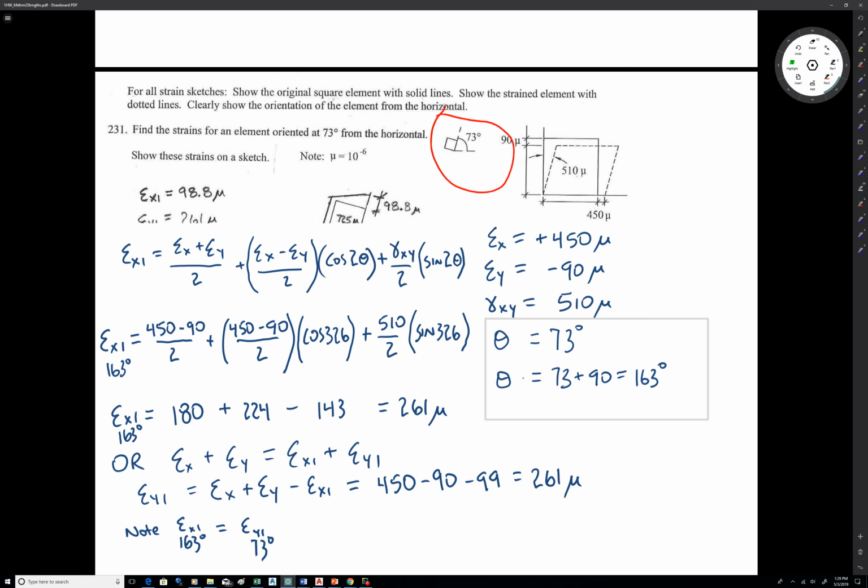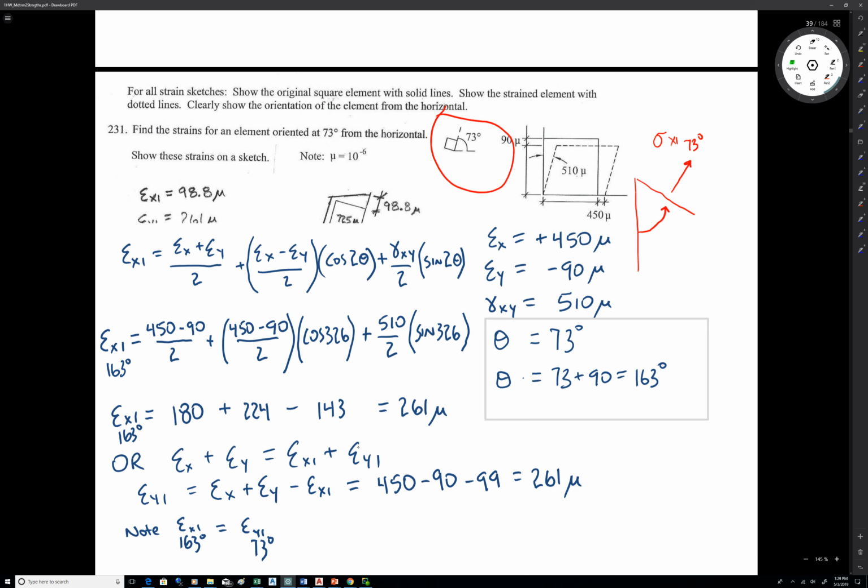So what's going on with that sign convention? You remember the stress sign conventions and the strain sign conventions, or the reference planes are different, right? For stress, if you want to find sigma x1, what you do is you start on this plane, and then you would go 73. Let's just say we're going to find the stress on that plane. This would be sigma x1 for 73 degrees.